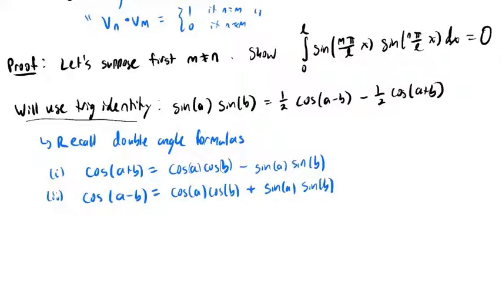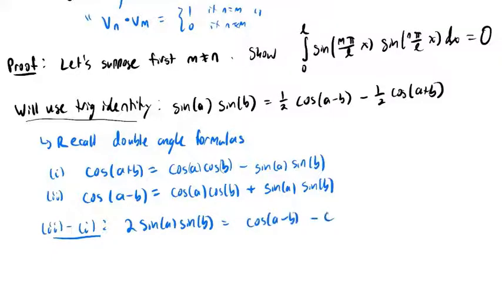Well, if I look at equation 2 minus equation 1, the cosine terms on the right-hand side all cancel. Then I have sine of a times b minus negative sine of a times b, so I get 2 sine of a sine of b. And this is equal to cosine of a minus b minus cosine of a plus b. And then I just divide by 2. And so that's where this comes from.